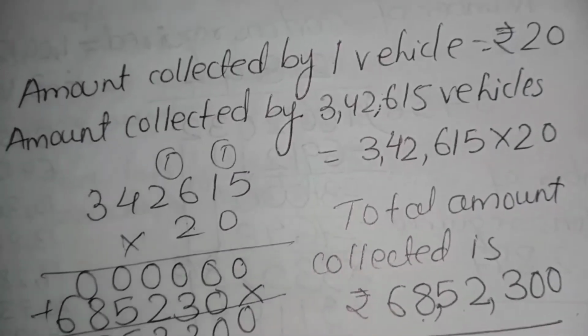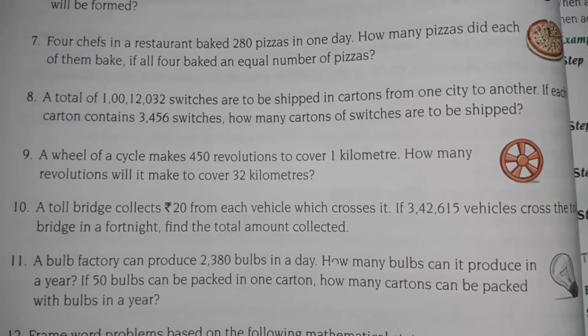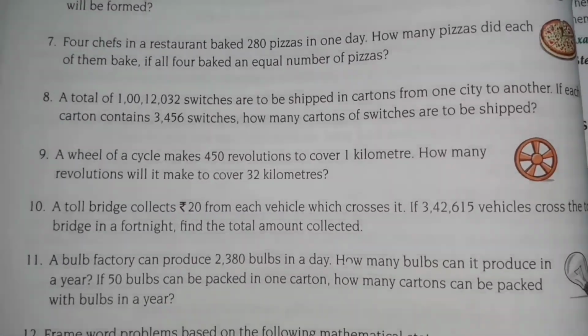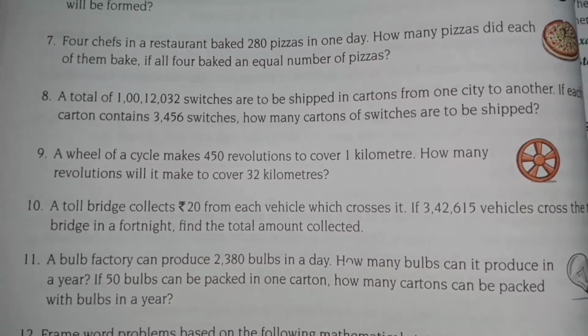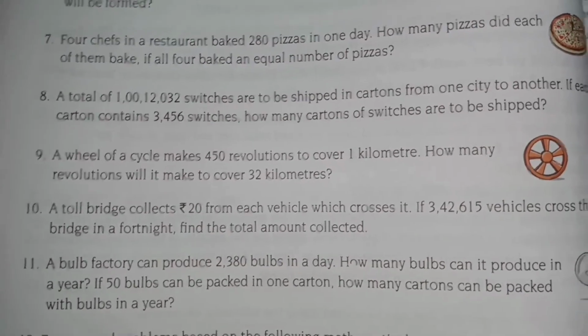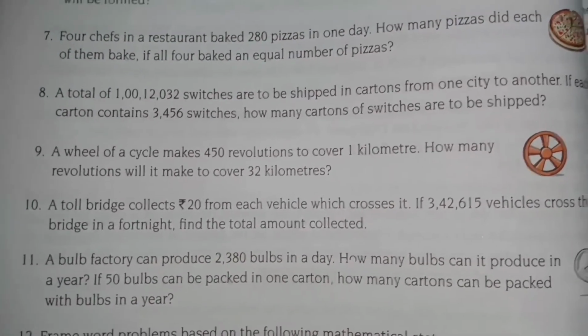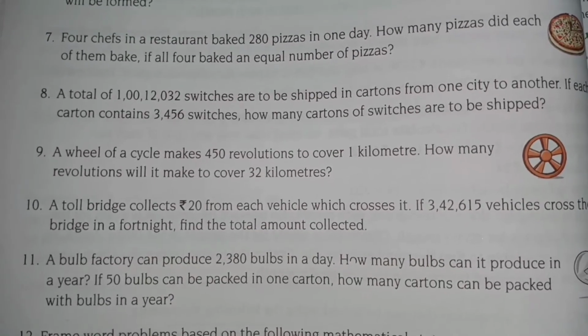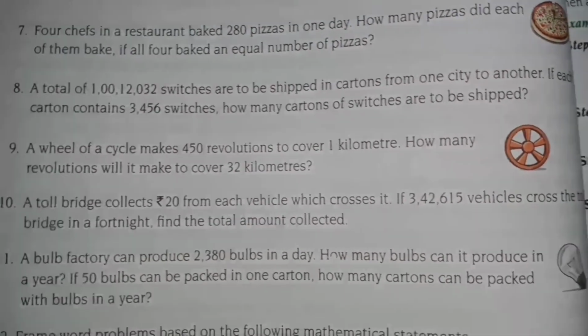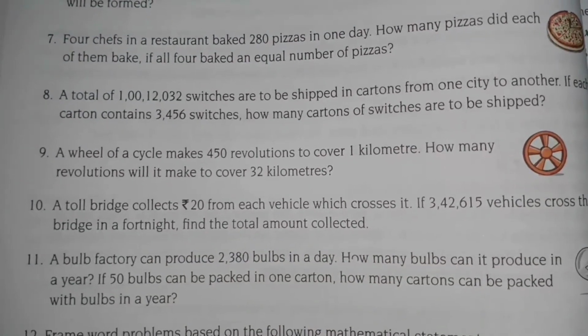Now the last question of this exercise, so let's do that. Question number 11. A bulb factory can produce 2,380 bulbs in a day. How many bulbs can it produce in a year? If 50 bulbs can be packed in one carton, how many cartons can be packed with bulbs in a year?